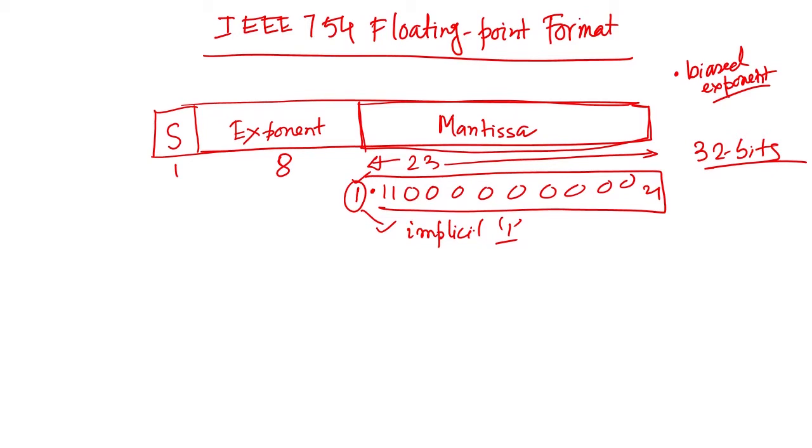Therefore, in this IEEE 754 format, the entire number is represented as follows. The value of the number will be minus 1 to the power s, where s is the sign. If it is 0, this will be plus 1, so it is a positive number, and if s is 1, this value will be minus 1, so it is a negative number.